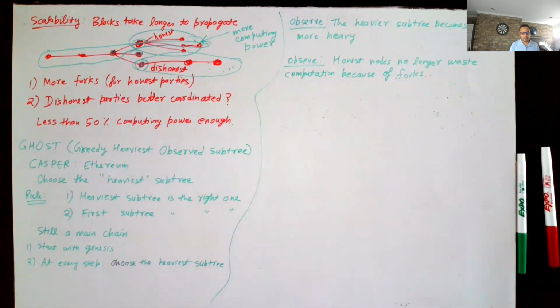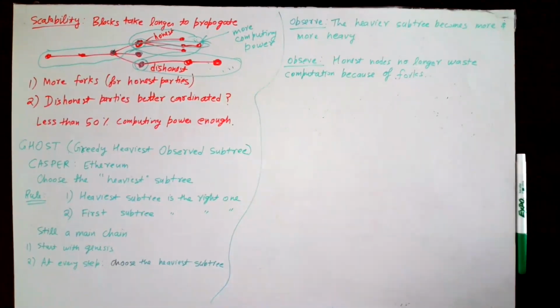Every trial is independent, because every time the input to the hash function is different, right? You choose a different nonce versus you choose a different nonce and a different block. Doesn't make any difference. Okay, good. So let's continue.